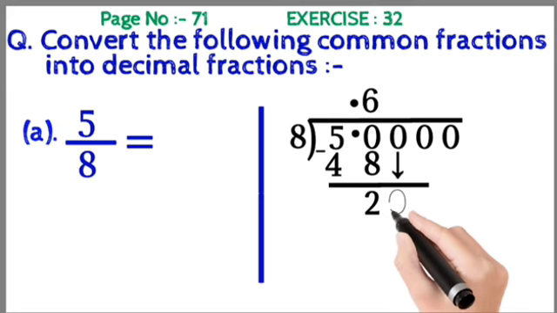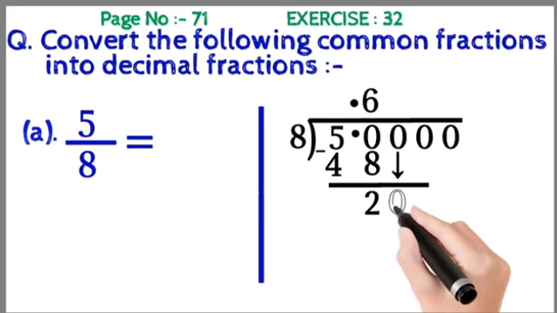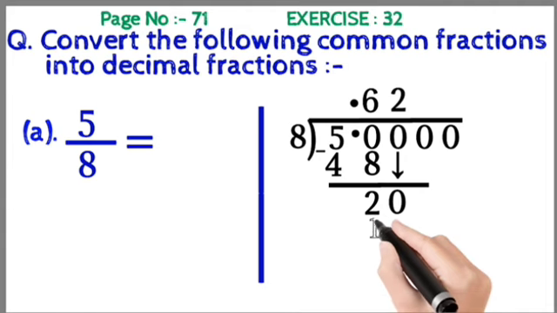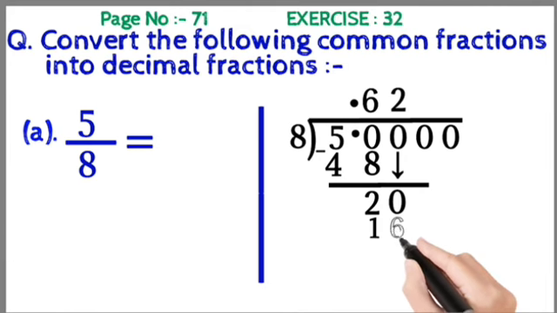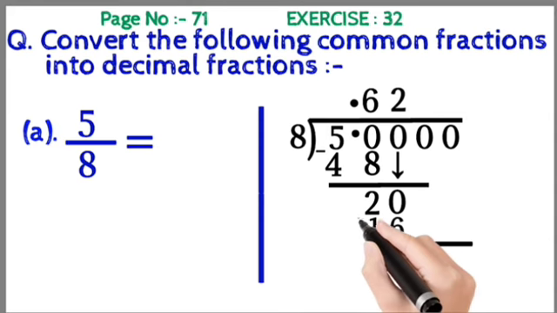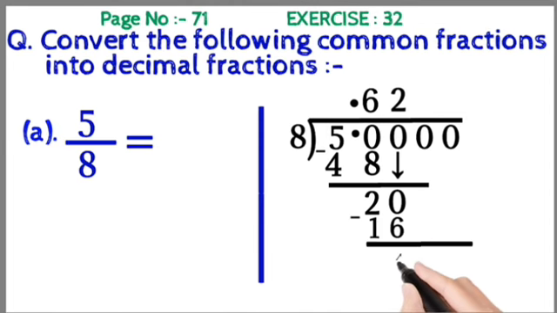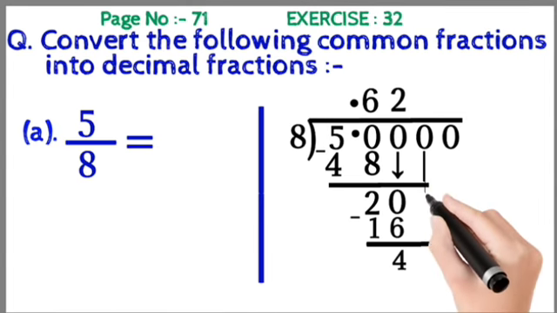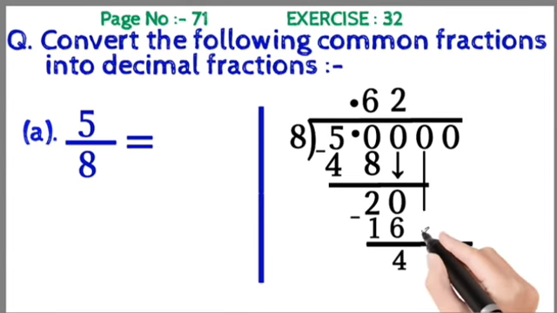It will go 2 times: 8 times 2 is 16. Let me write 16 here and draw the line. Then I subtract, get 4, and bring down the next 0.